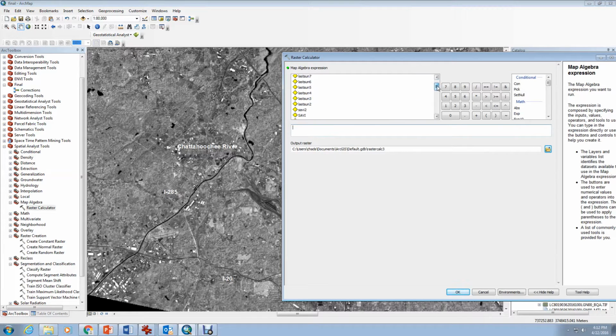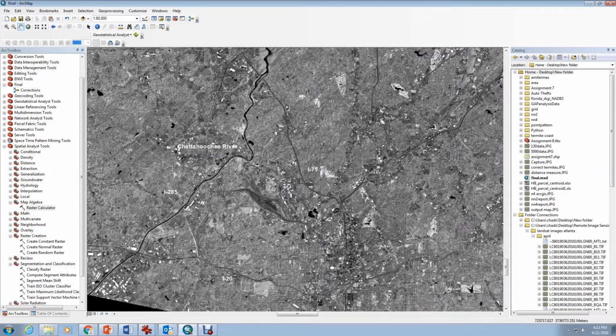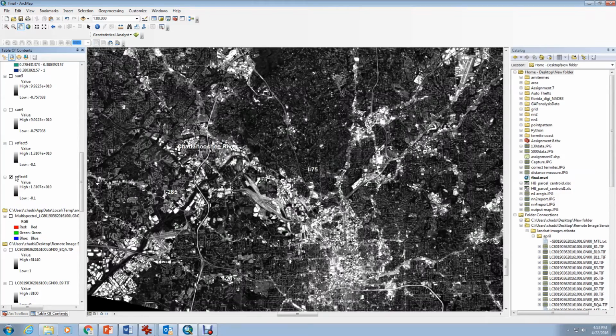And we're going to take the reflect values we just figured out, go ahead and put those in parentheses, and we're going to divide by the sine of that elevation. Okay, and that's going to correct for our sun elevation. And we'll generate two of those. I believe mine are called sun 4 and sun 5. They are right there.